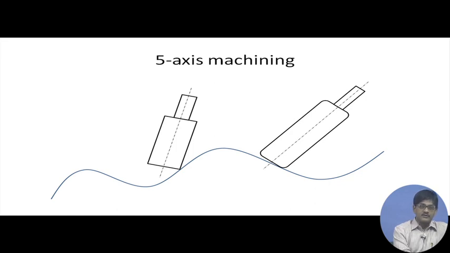If it can be rotated about these 2 axes, then even a flat ended milling cutter can be made to machine this particular surface, because it will be now able to go right up to the end, cutting by its edge. So, 5 axis machine makes it possible to use a flat ended milling cutter to cut a 3-dimensional surface, and incidentally it can achieve a higher surface finish compared to the ball ended milling cutter.